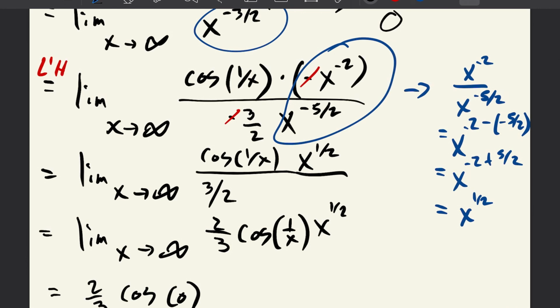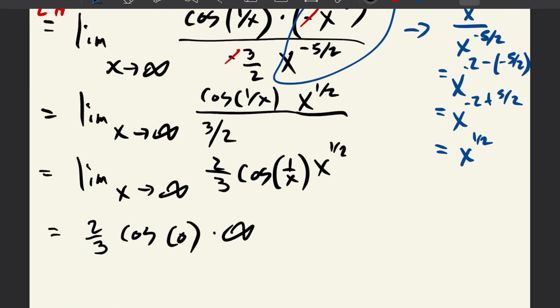Okay? And then x to the 1/2, as x goes to infinity, is going to infinity. Okay? So now if you look at this, right, 2 thirds, cosine of 0 is 1, right? So this is really 2 thirds times 1 times something that takes off to infinity.